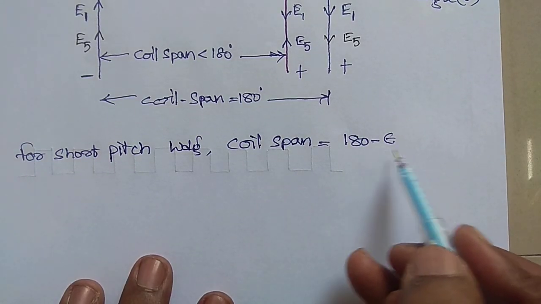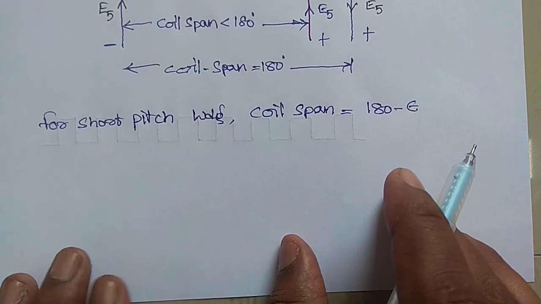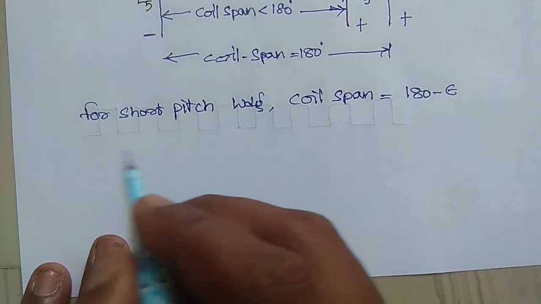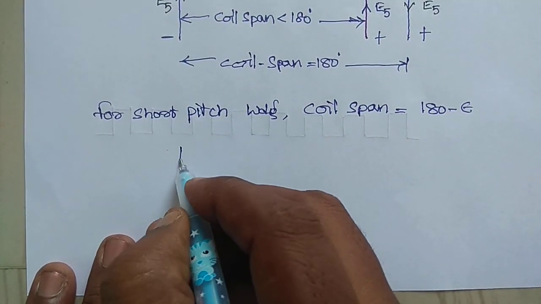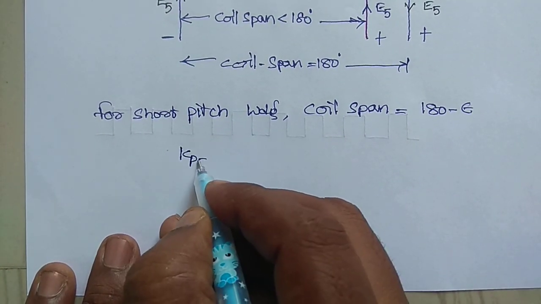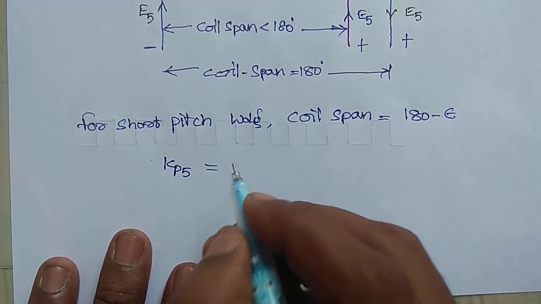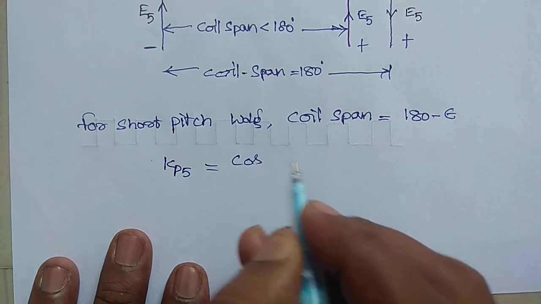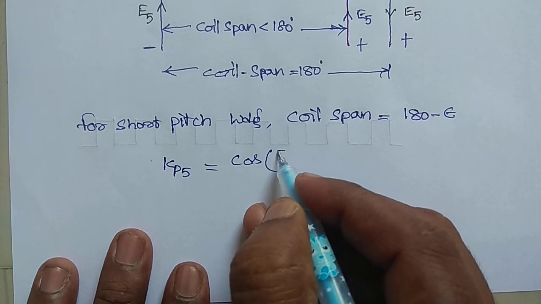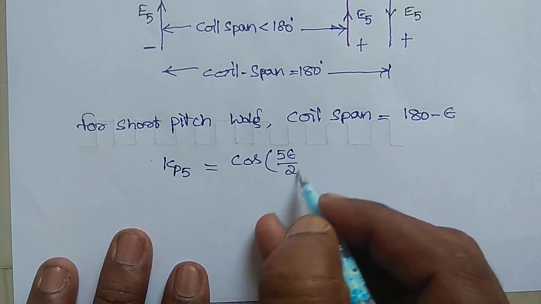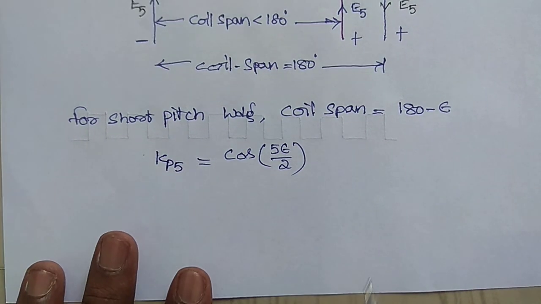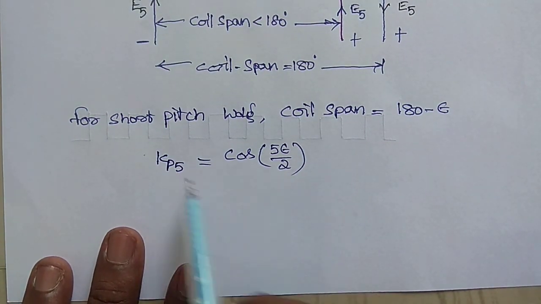Now I want to know what that epsilon value is. So what is the pitch factor formula? Kp formula for a fifth order harmonic, Kp5, which is equal to, as already discussed in the last class, cos of 5 epsilon by 2. Is it right or not? I want to eliminate this fifth order harmonic, I want to make it 0.